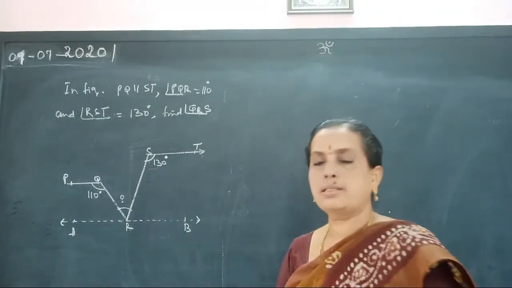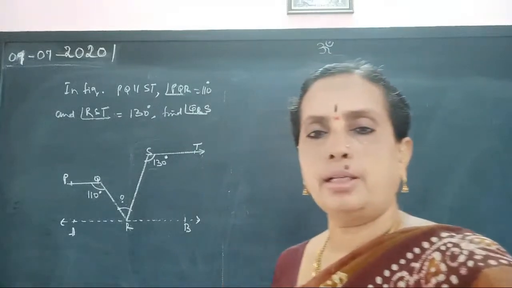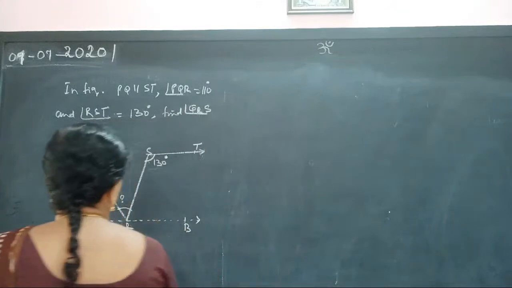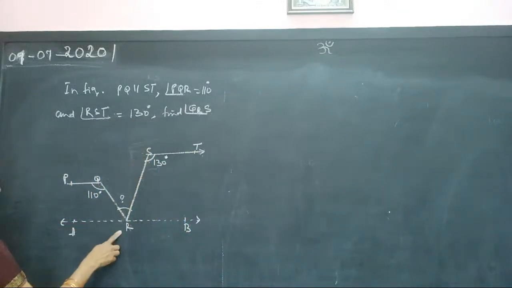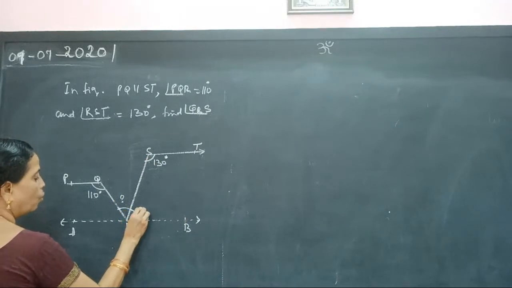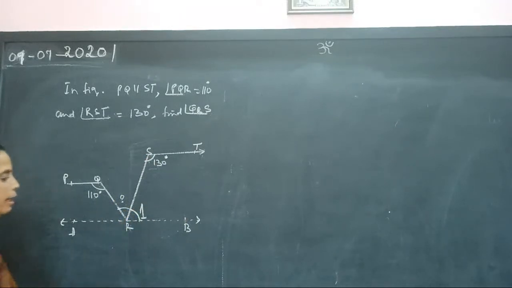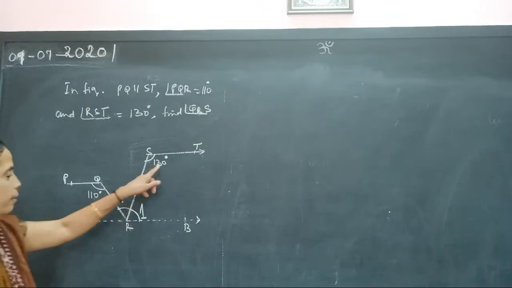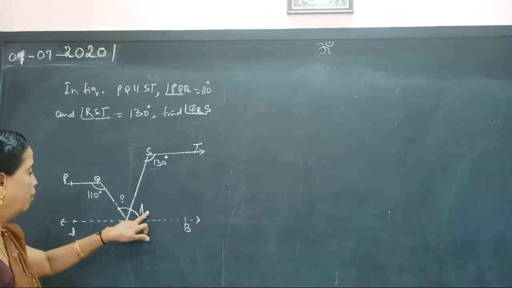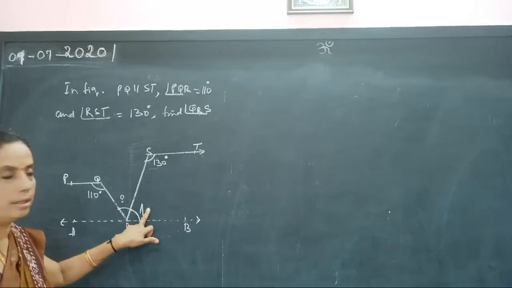So after putting the dotted line, we can easily notice angle TSR and angle SRB form co-interior angles. So 130 degree plus angle 1 equals 180, angle 1 equals 50 degree.